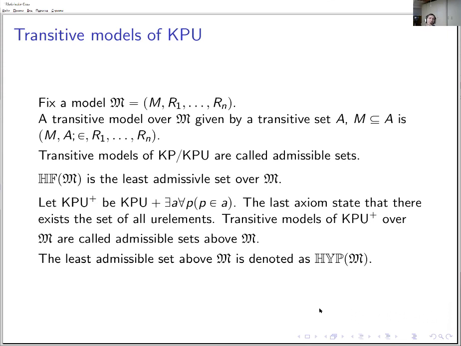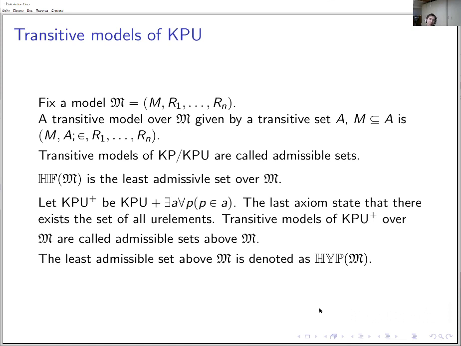We fix some model M, and then we consider the transitive sets that contain the whole domain of our model M as urelements, and we also require that there are no other urelements. This gives us the notion of a transitive model over a given first order model.